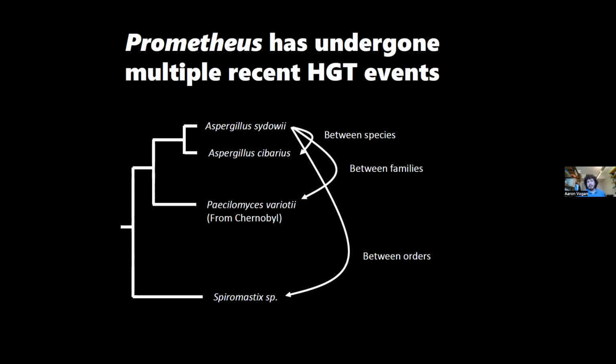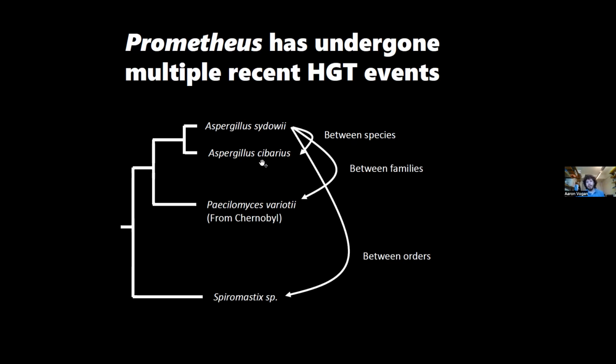With Prometheus, what we can see is that it's then undergone multiple HGT events very rapidly. So it seemed like Prometheus wasn't really doing much, was probably mostly undergoing vertical descent. And then we think in Aspergillus sidowie, it picked up the formaldehyde resistance cluster by stealing it from Mithridate. And then we see rapid HGT occurring at many different orders of phylogenetic distance.